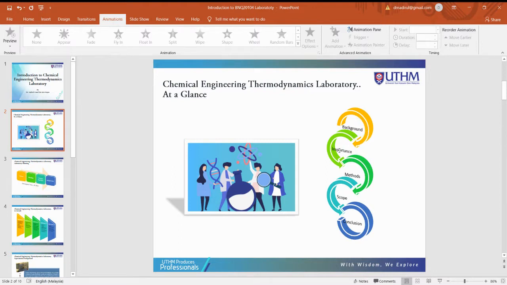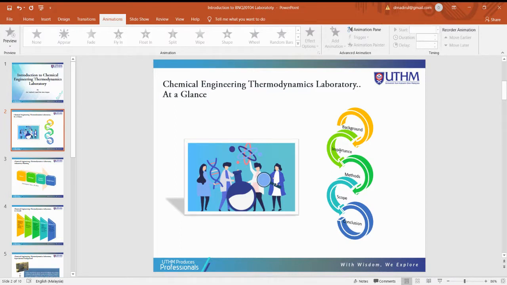So why do you need to study chemical engineering thermodynamic laboratory? This is because thermodynamics is actually the science of heat, work, and its related properties. Thermodynamics is the basic science that deals with energy and also studies the movement of energy.